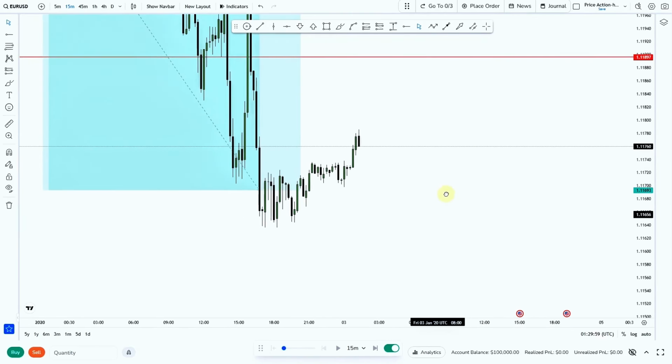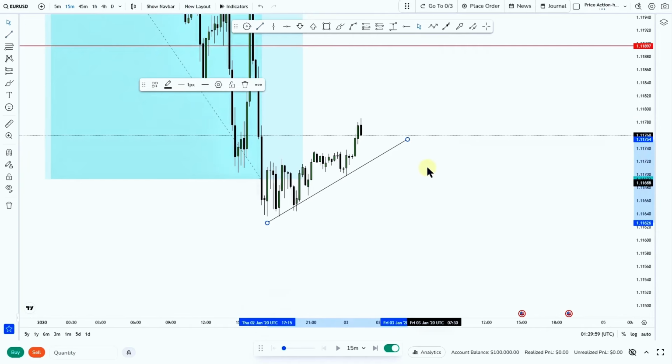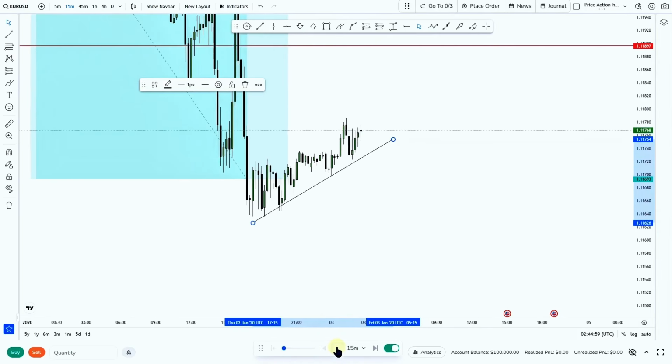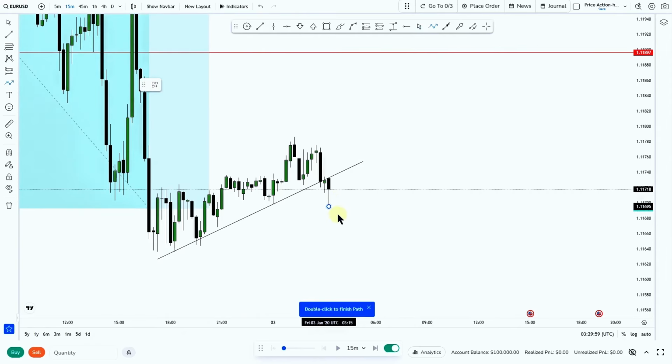We got a mini trend line build-up here. So we mark the lows with a trend line and wait for the market to break it, retest it as our entry. We enter at the retest.